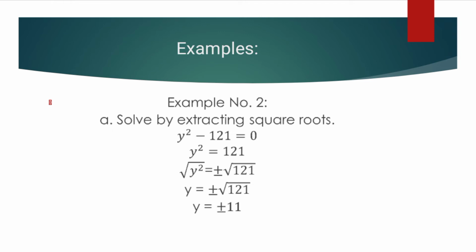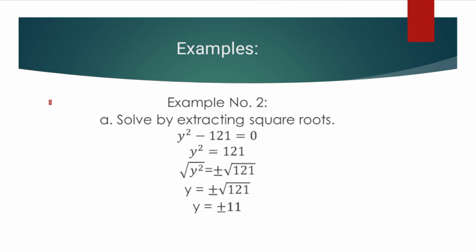So, applying the square root principle, if x squared equals a, then x is equal to positive or negative the square root of a. Applying the said principle, we now have the square root of y squared equals positive or negative the square root of 121.